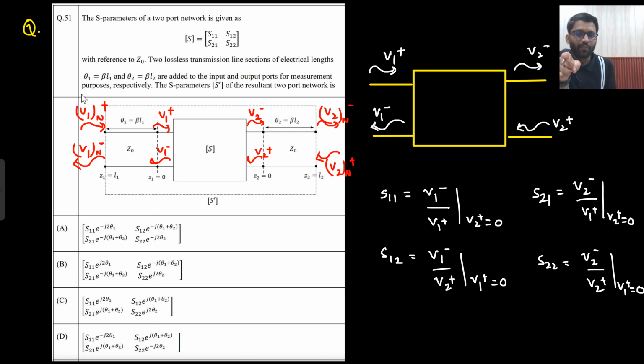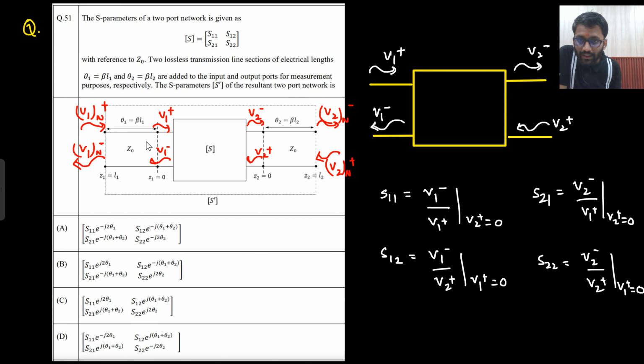V1n plus will travel down a distance of L1, and it will become V1 plus. Say yes or no?